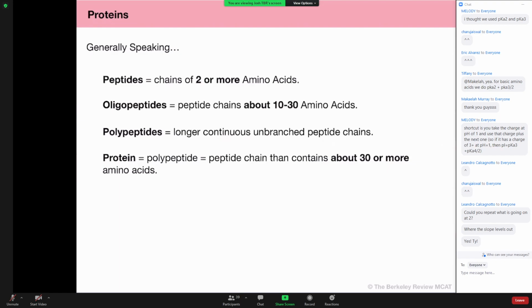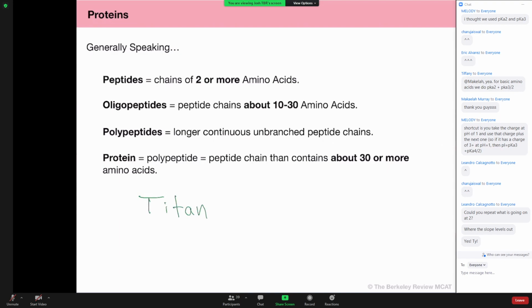Does anybody know what the biggest protein is and how many amino acid residues it has? Just another fun fact, biochem trivia. It's a protein called titin, and it's the biggest protein.